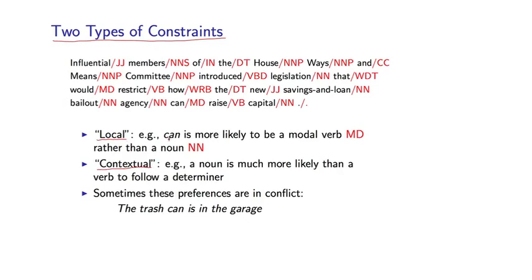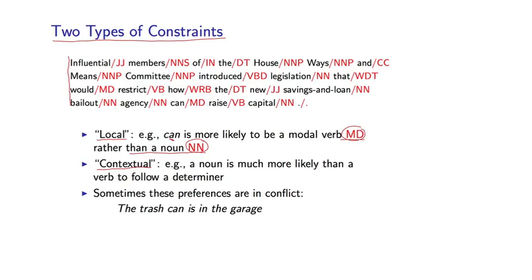If we look at a particular word of English, for example, can, and again we're considering the part of speech tagging problem here, can has a preference to be a modal verb. It's much more often seen as a verb in English, but it can also be seen as a noun. So a priori, can has a bias to have one part of speech over another part of speech, and we'll refer to that as a local preference, the local preference of a word to take one part of speech over another.